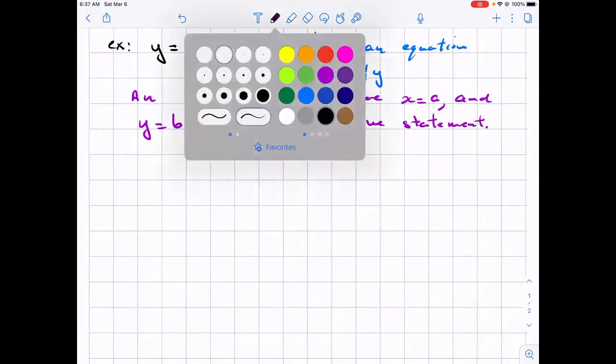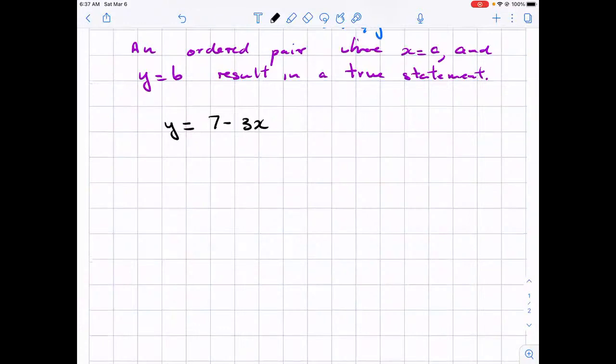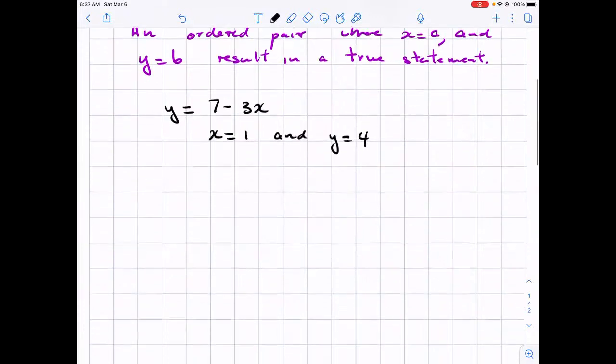And what I'm trying to say here is if we have the equation y equals 7 minus 3x, and if we look at x equals, let's say, 1, and y equals 4, then this here is true.